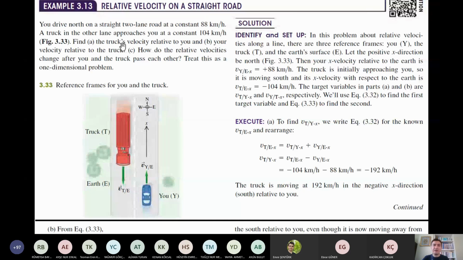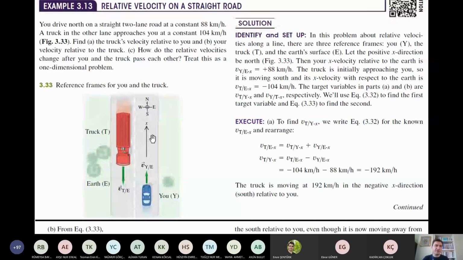How do the relative velocities change after you and the truck pass each other? So you are moving along this direction, the truck is moving along this direction, and how do the relative velocities change after you and the truck pass each other? So now you are here and the truck is here. So what are the relative velocities? And treat this as a one-dimensional problem.